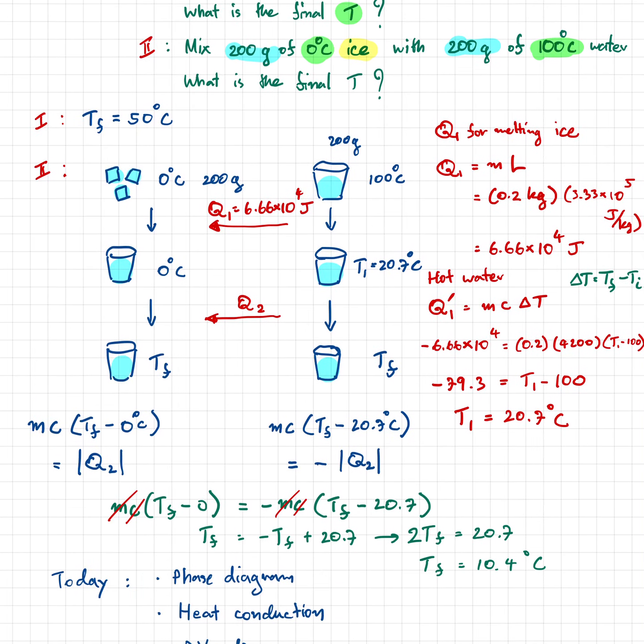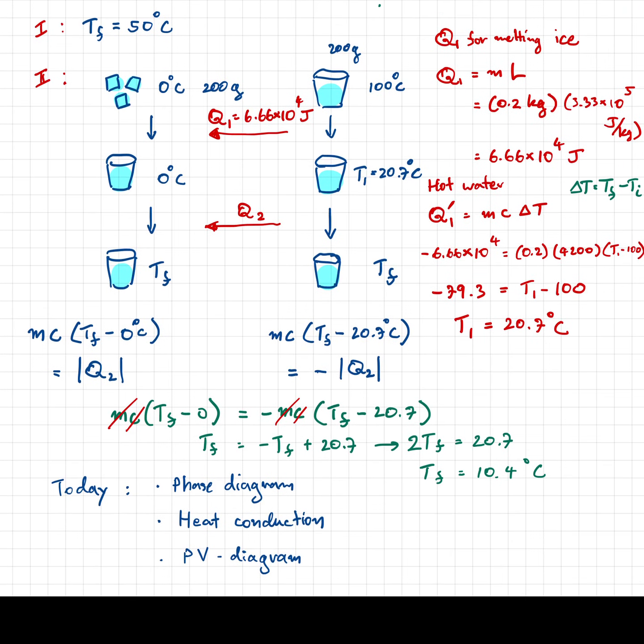So what are we gonna talk about today then? Well, we're gonna talk a little bit about the phase diagram and then heat conduction. And then we're gonna start talking about another big topic, which is thermodynamical processes. So we're gonna start with the PV diagram.